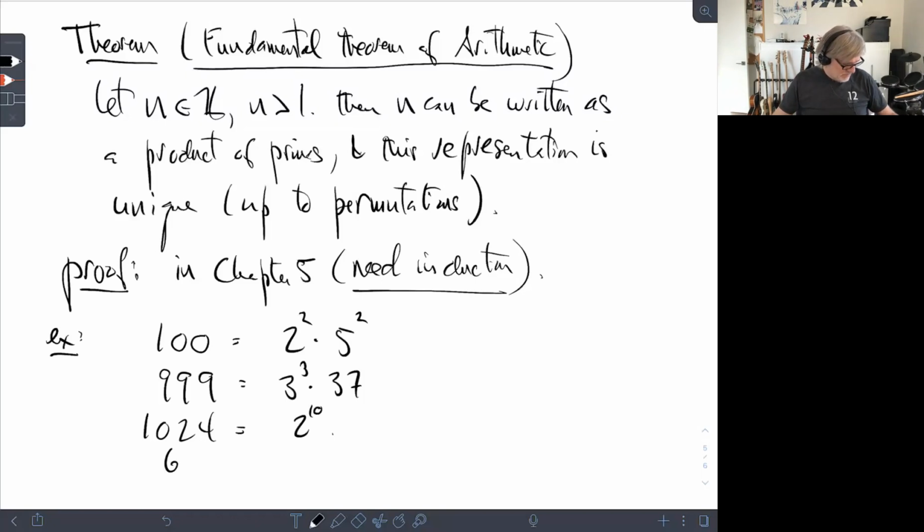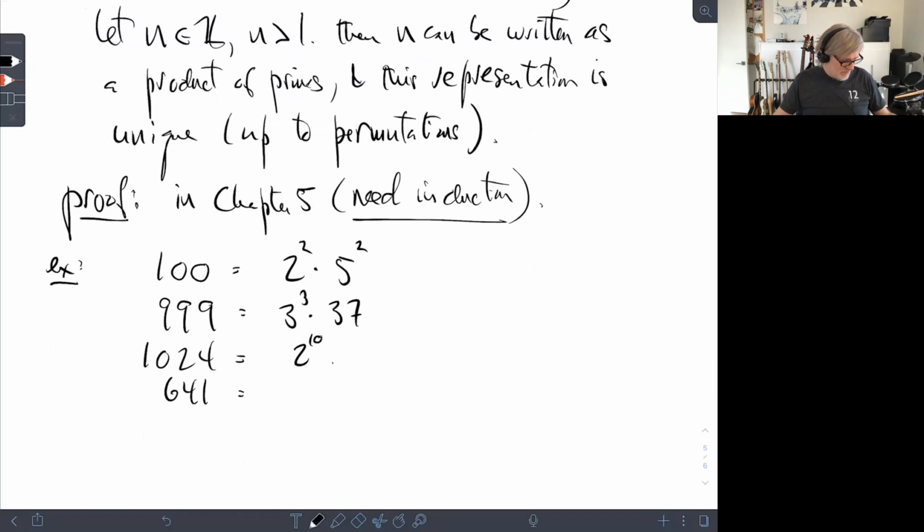What about 641? Of course, I knew these in advance, right? Although they're not very difficult because these are small numbers. 641, if you try to divide this by all sorts of stuff, you're never going to get anything interesting. This is 641. That is the unique way to represent 641 as a product of primes.